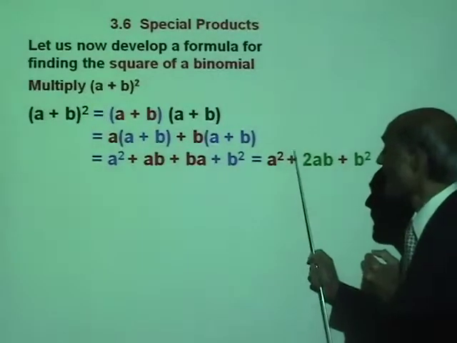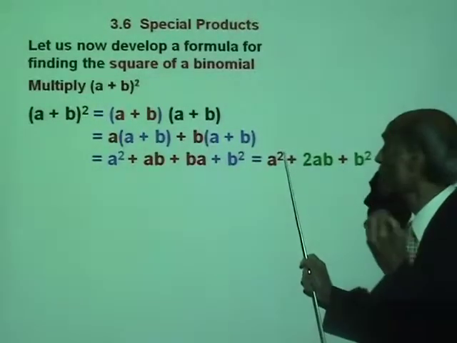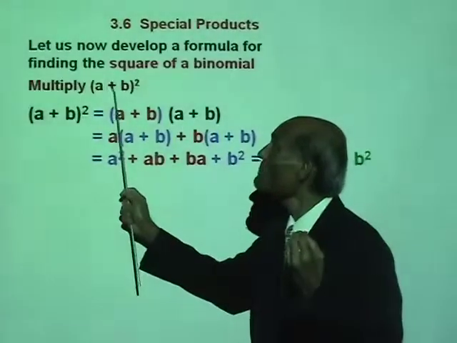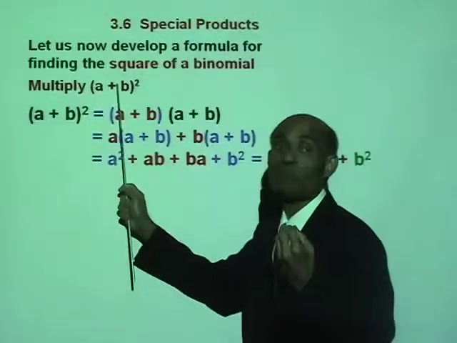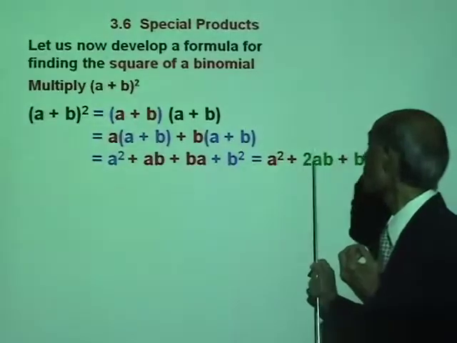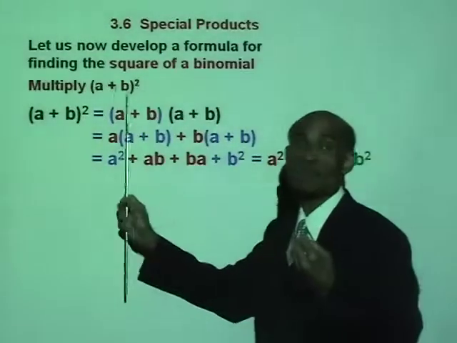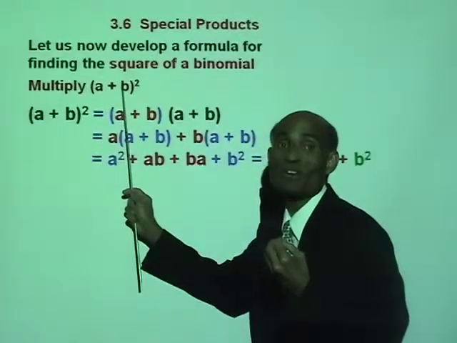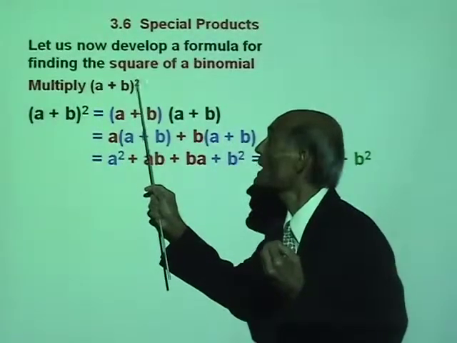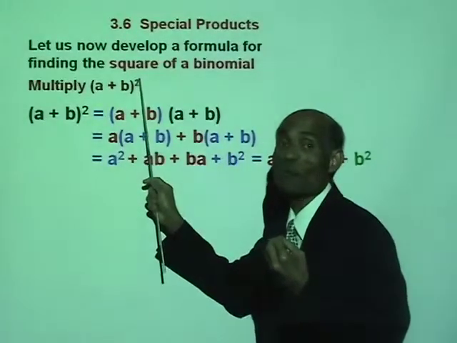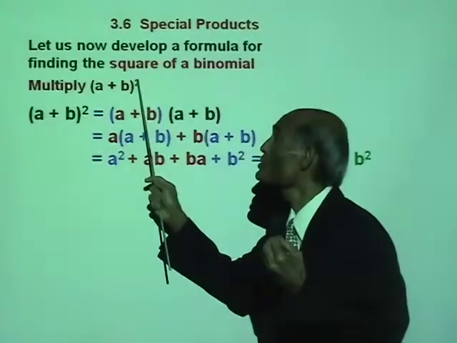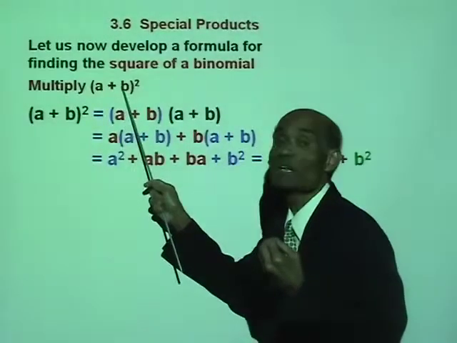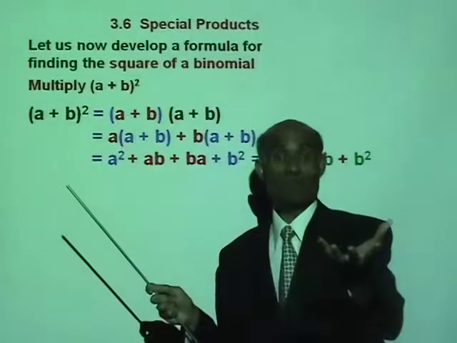The sign of the middle term will be the sign you see here, plus. A is the first, b is the second term, and look at the 2 there. Take and multiply all of them: 2ab. That is the middle term.